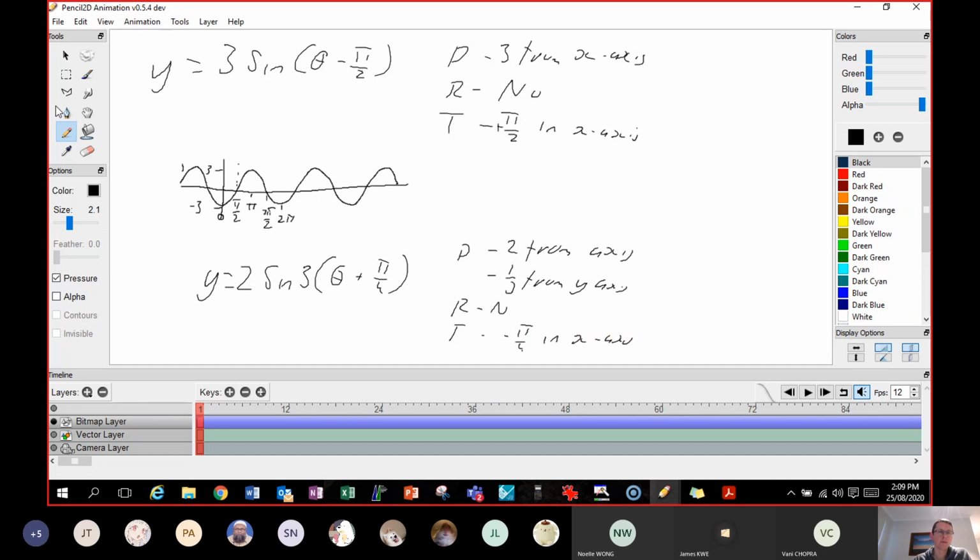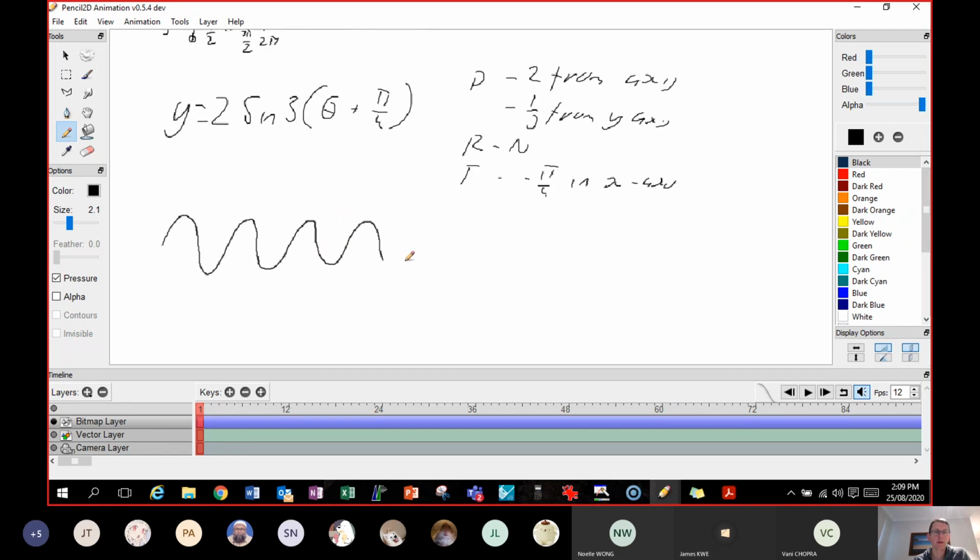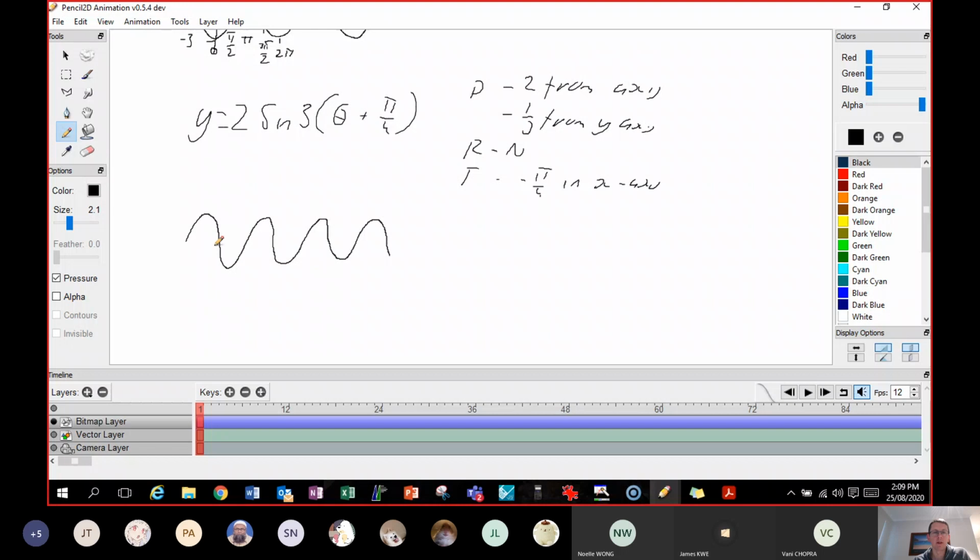So, how do we go about doing this one? Draw a sine graph. You might need to do a couple of them sometimes, just because it does get a bit messy. And you'll probably see what I mean by this one. So the first thing I'm going to do is my dilations.